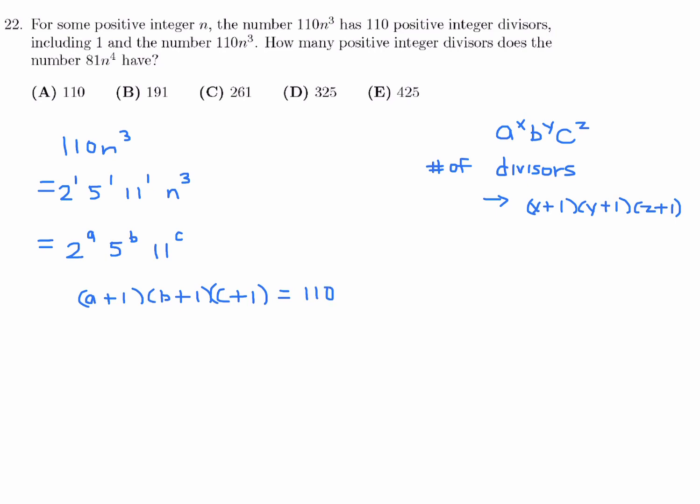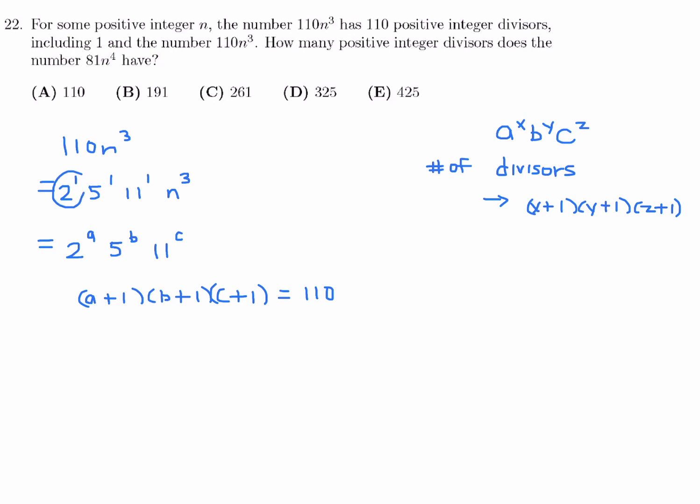will equal 110, which is the number of positive divisors. All right, so let's work with this now. We have to do a little bit of playing around and see what we get. Well, 110 is an even number, so that means one of these has to be equal to 2 or some multiple of 2. So since I already have 2 here, I'm just going to keep that for now. If it doesn't work out, I can always try something else.